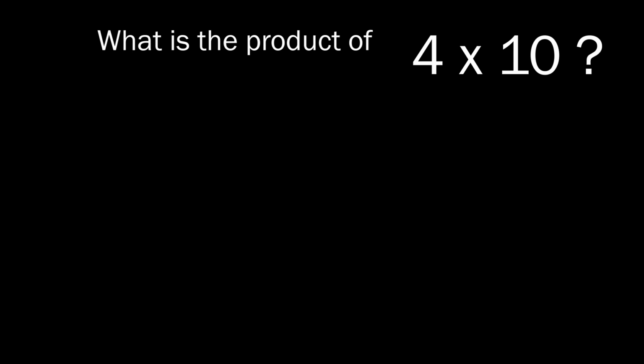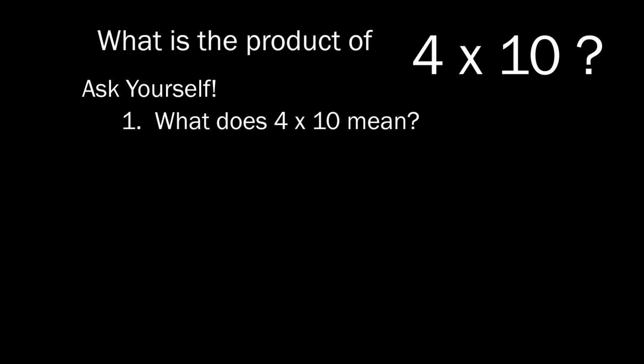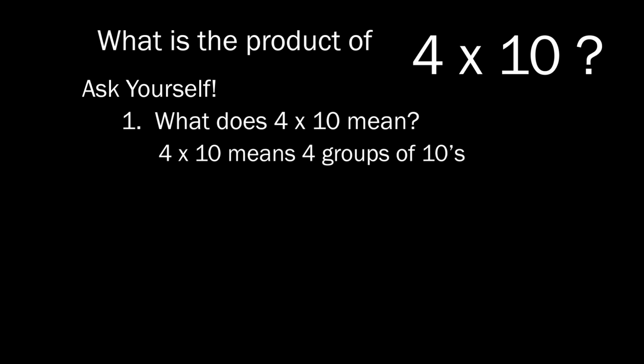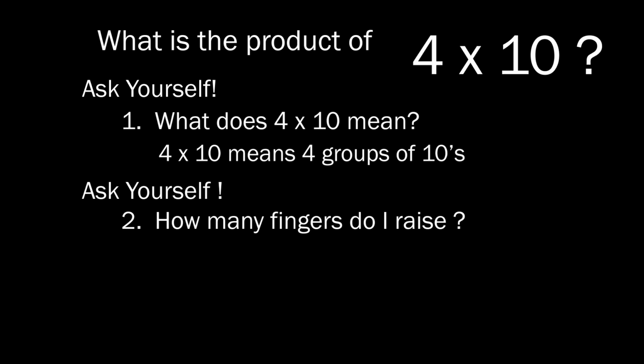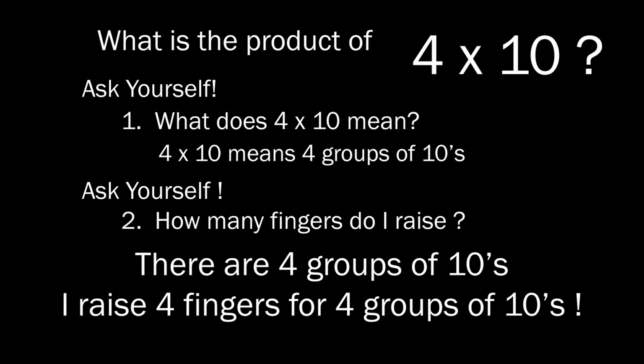What is the product of 4 times 10? What does 4 times 10 mean? 4 times 10 means 4 groups of tens. How many fingers do I raise? There are 4 groups of tens.